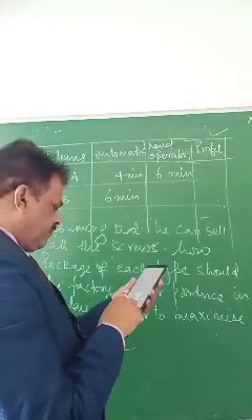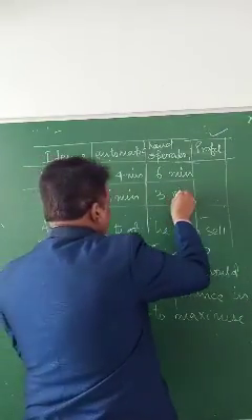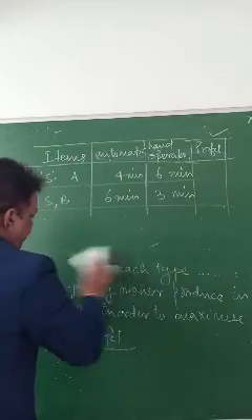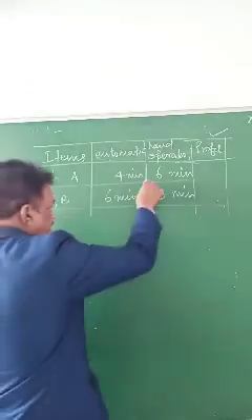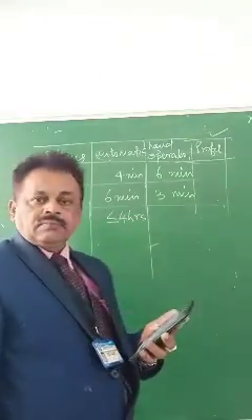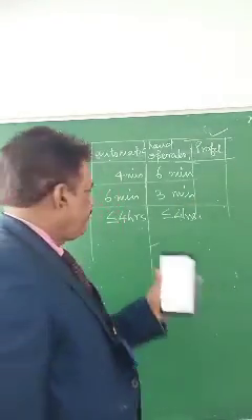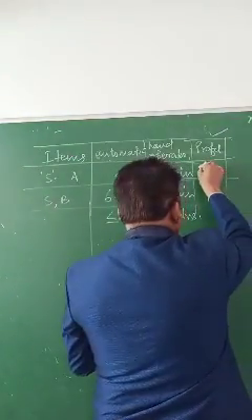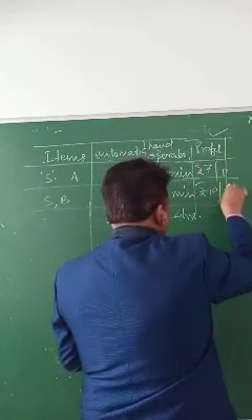Second type of screw, 6 minutes automatic, 3 minutes hand operator. Then each machine is available for at most 4 hours per day. Remember, at most means it cannot be more than. You cannot use more than 4 hours. Maximum 4 hours you can use here. Then there is a profit, rupees 7 per packet, rupees 10 per packet.